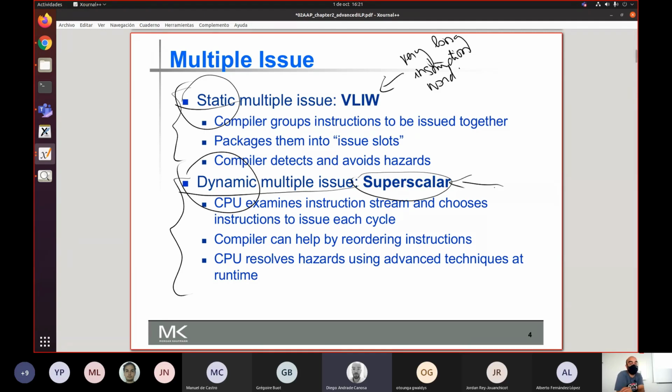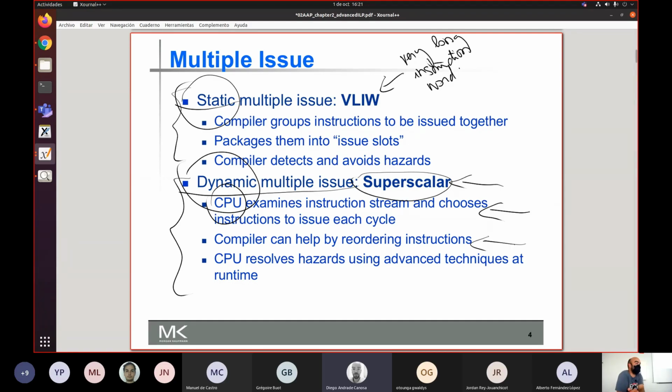The idea is that at runtime, during the execution of the code, the CPU, the processor, is going to examine a window of the next instructions to be executed, okay? And it decides which of them can be executed in parallel, which of them can be issued at the same time, okay? If necessary, prior to this, the compiler can help by reordering instructions.